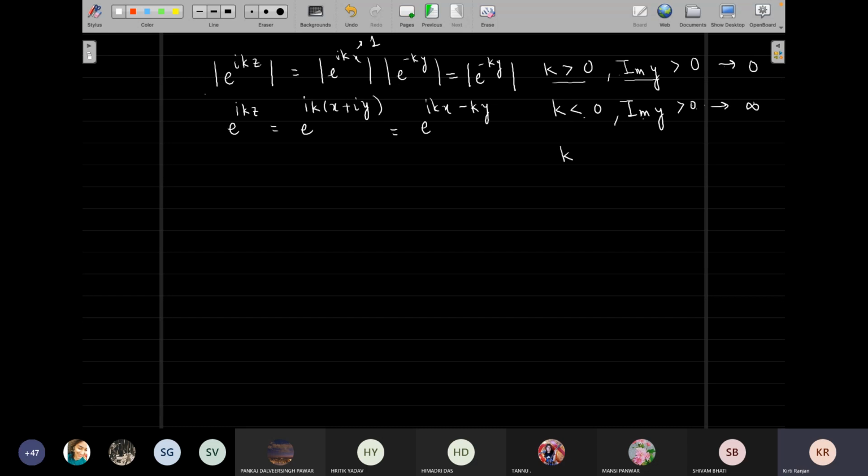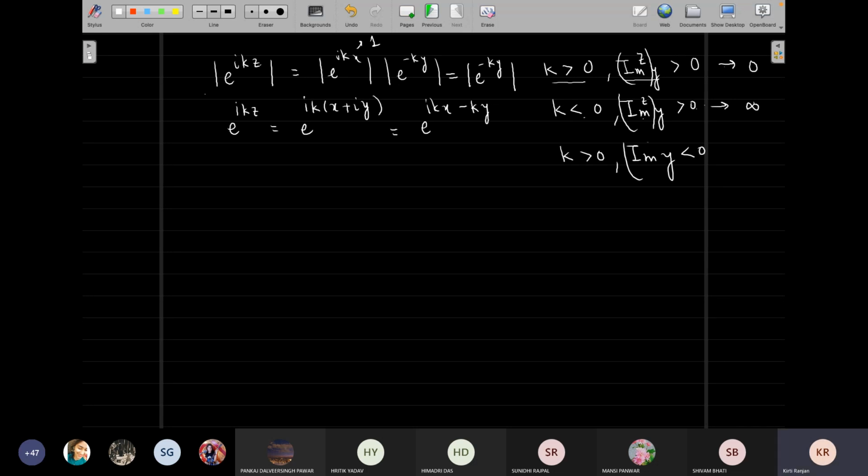What about if I take k greater than 0 and y less than 0, in the lower half? This goes to infinity. This is imaginary y; in principle, this is imaginary z, which I am writing as y.